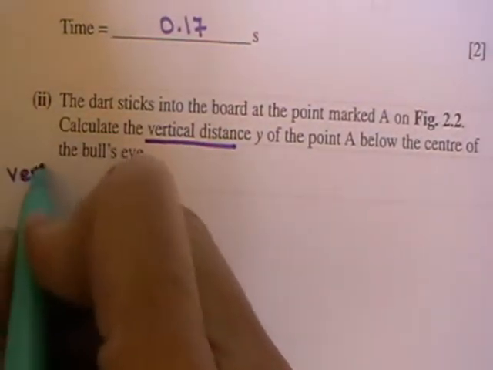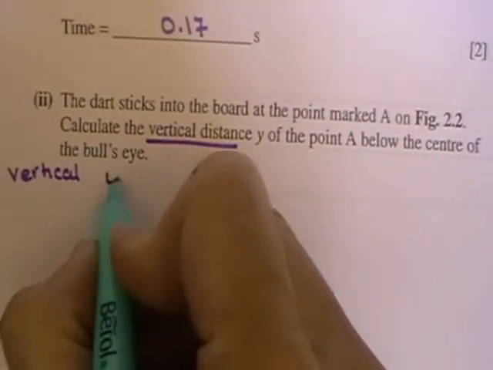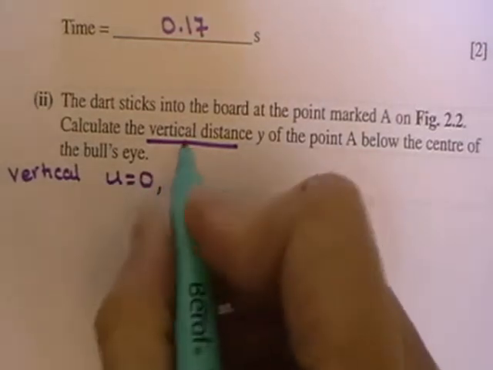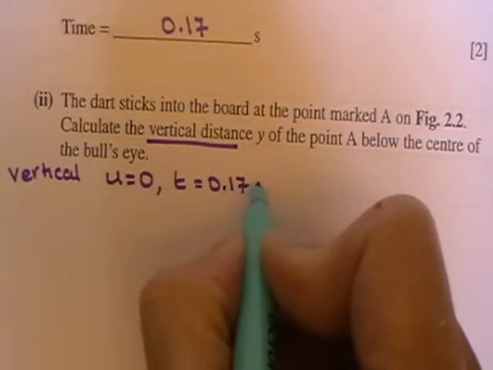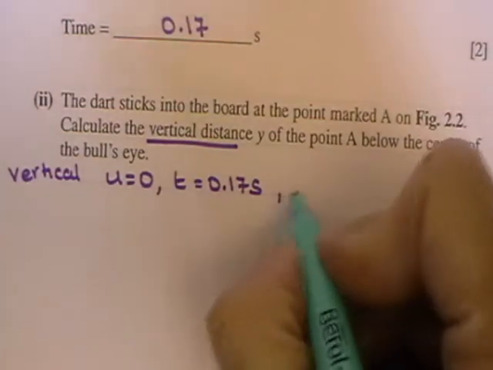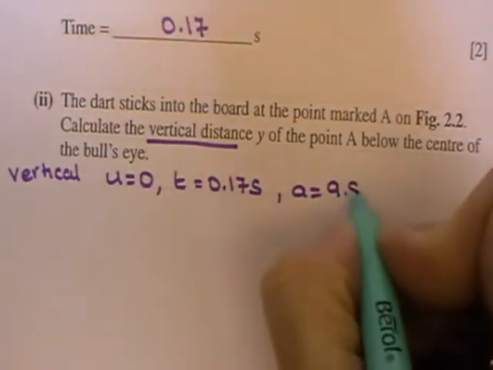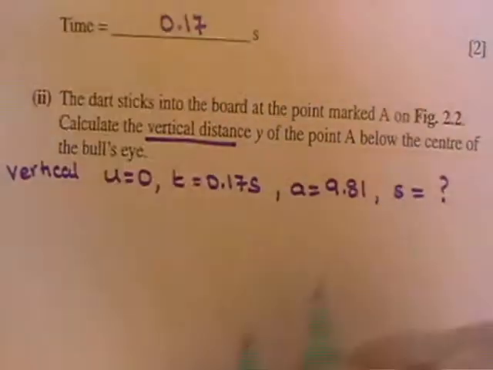So vertically, we know that its initial velocity is 0. We know that the time that it takes is 0.17 seconds, from the answer above here. And we know that it's subject to acceleration due to gravity, so an acceleration of 9.81. And we want to know the vertical distance that it falls.